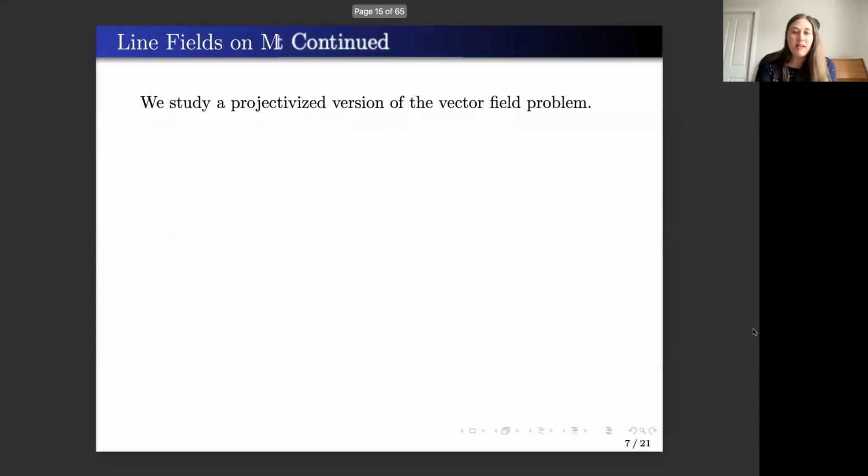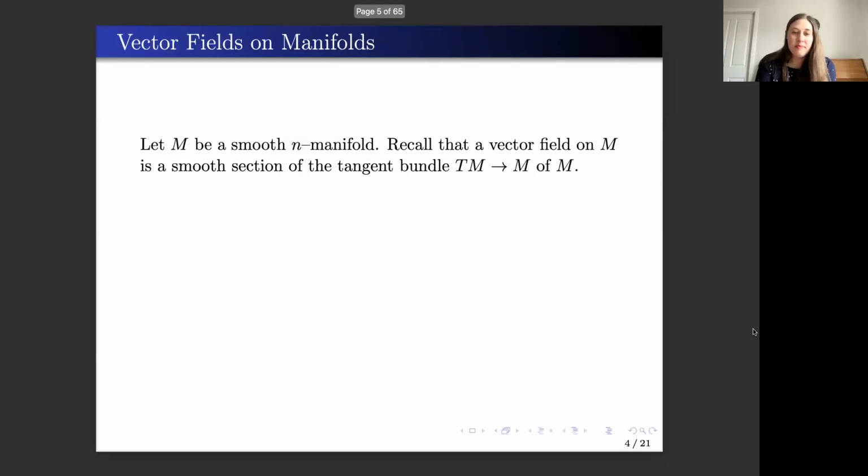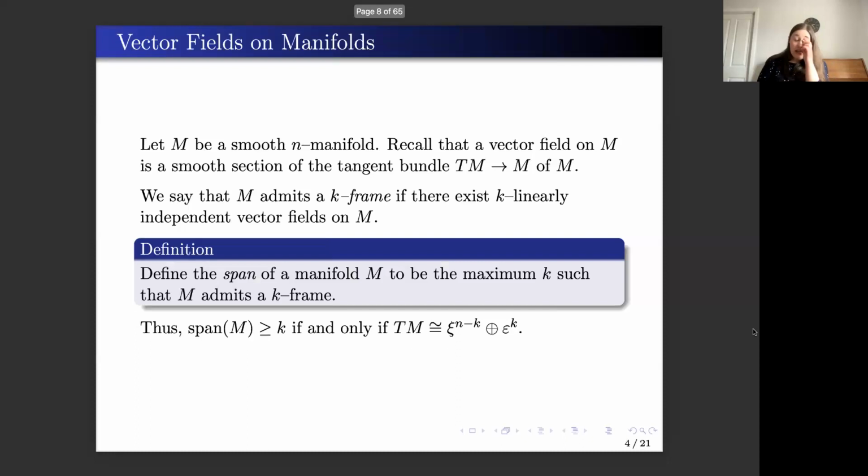Here, let me just go back a little bit. This is something that you have to check. So a vector field on a manifold, or a section of the tangent bundle, gives rise to a trivial line subbundle of the tangent bundle. And this is something that you have to check. But the thing to remember is that to get a rank k trivial subbundle of the tangent bundle, you just need a basis spanning a k-dimensional vector subspace.